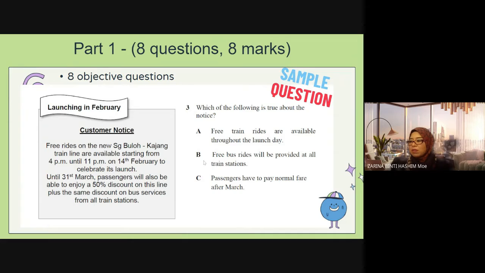Then option B, for example, free bus ride. So you look at the other information in the next sentence.